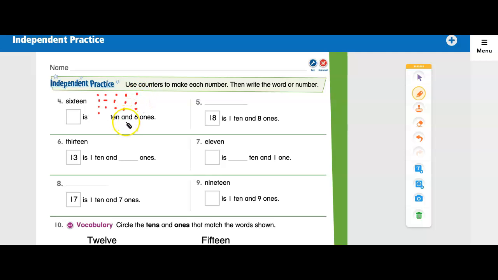It tells us that we used 6 ones. So that would be 6 below. How many tens did I use? Write the number in the blank for number 4.